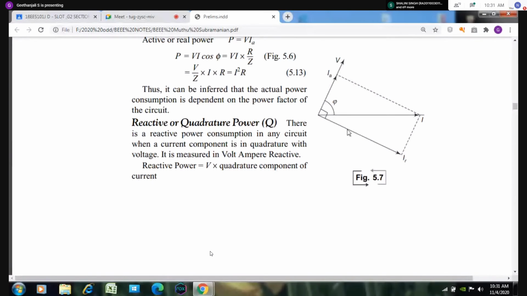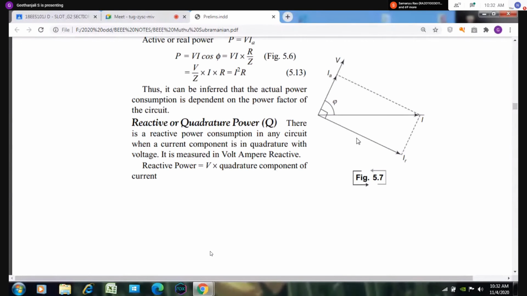The unit for the reactive power is volt ampere reactive, abbreviated as VAR.